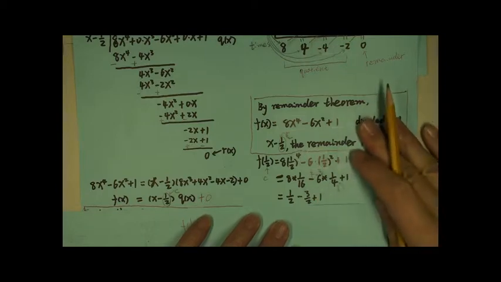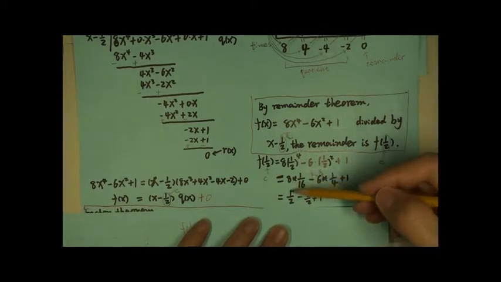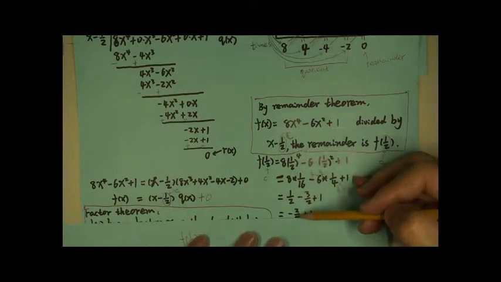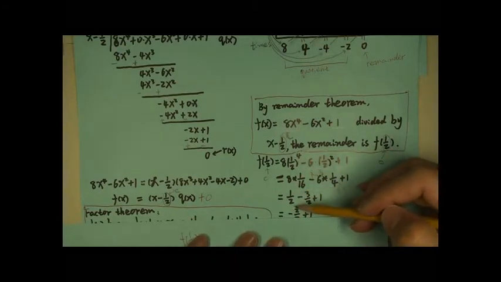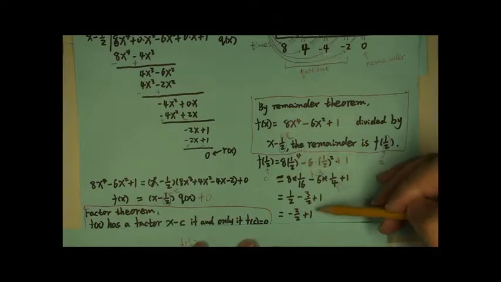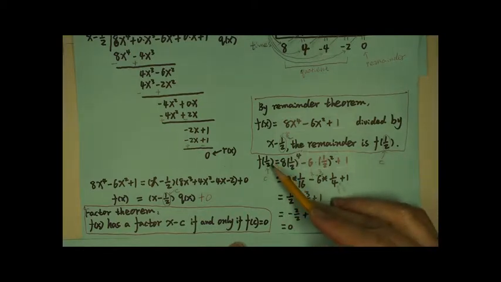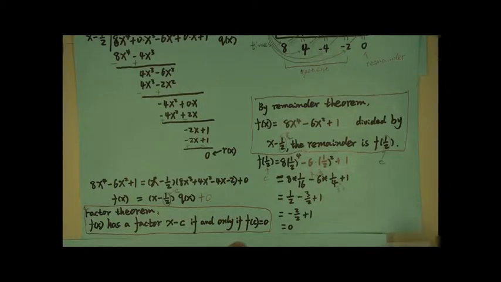And then you know negative 3 plus 1 is negative 2. Negative 2 divided by 2, that's negative 1 plus 1. So you end up with 0. This tells us f of 1/2 is 0.